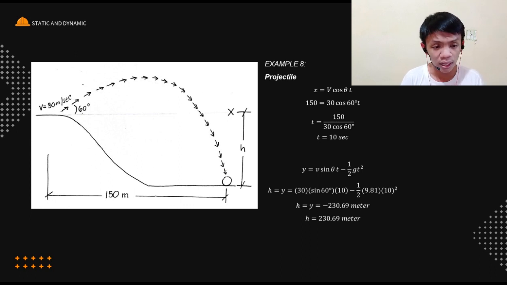So h equals y equals negative 230.69 meters. Since there is no negative distance, the representation of the negative here is downward. Meaning, we can see that the hill goes downward, which is also equivalent to h equals 230.69 meters.